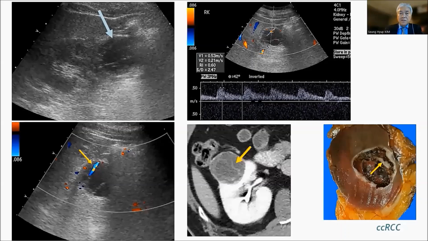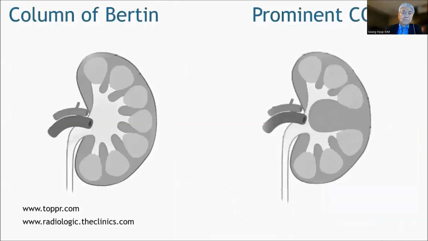CT was done and it shows faint septal enhancement. Surgery was done and it was a cystic renal cell carcinoma of clear cell type with tumor tissues along the wall and septa. The most common condition we may confuse with true renal tumor is a prominent column of Bertin.